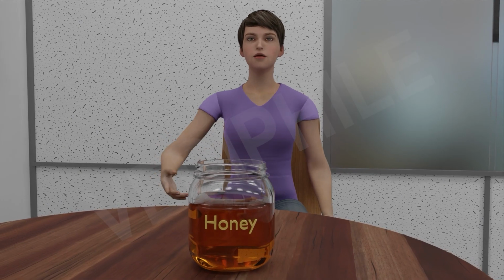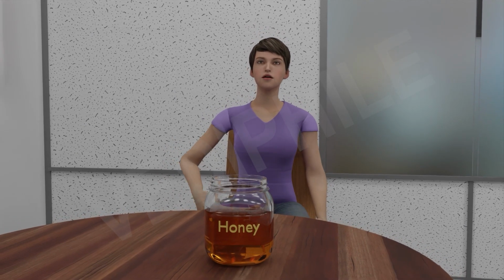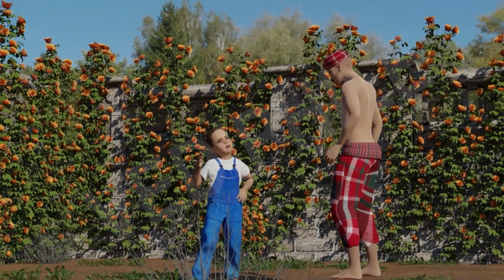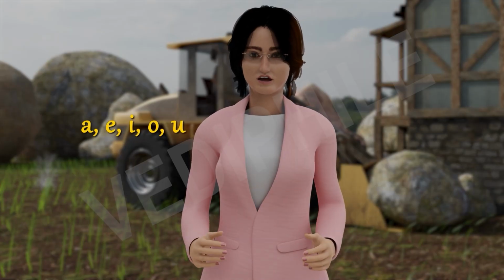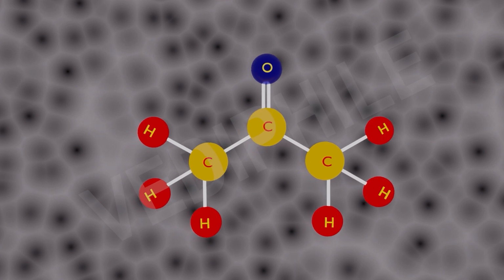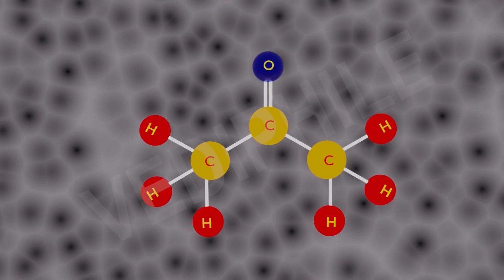If the name of the functional group is to be given as a suffix and the suffix of the functional group begins with a vowel A-E-I-O-U, then the name of the carbon chain is modified by deleting the final E and adding the appropriate suffix.